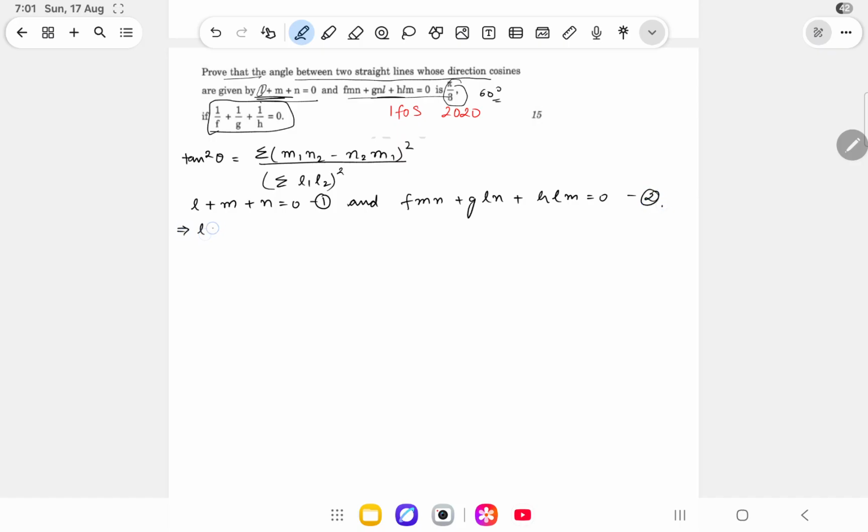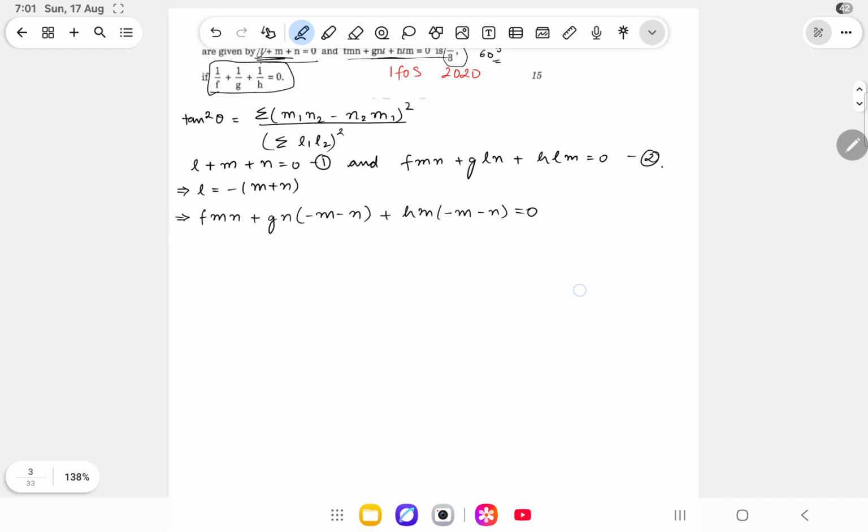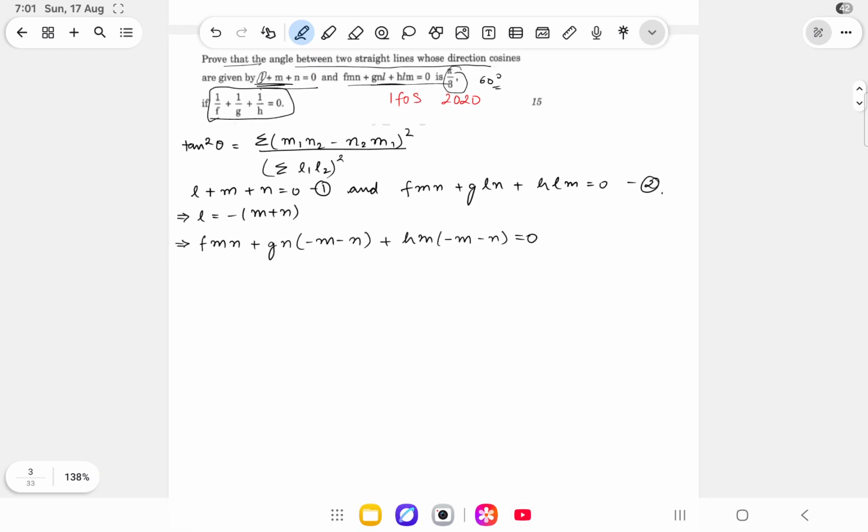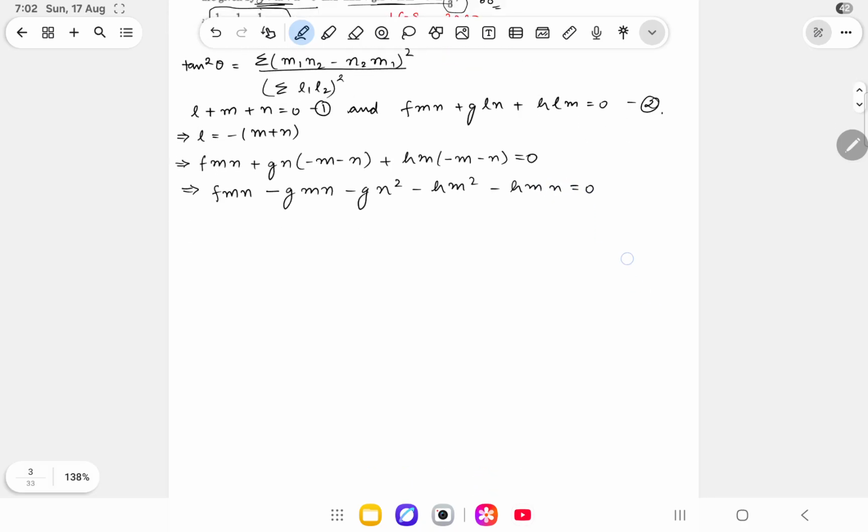So from here I'll get L equals minus m minus n. Substituting, fmn plus gn times minus m minus n plus hm times minus m minus n equals 0. Let's simplify it. We'll get fmn minus gmn minus gn square minus hm square minus hmn equals 0.